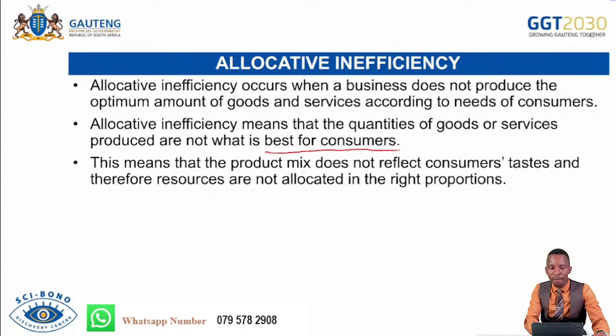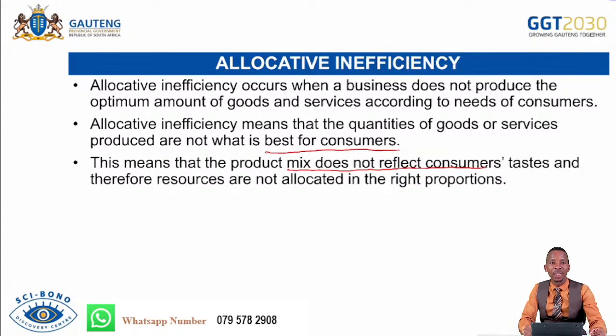If there is this wrong mixture of products, consumer taste is not well reflected. As a result, that is known as allocative inefficiency. Resources were not mixed in a good manner to produce the good quality of product that is desired by the consumer.